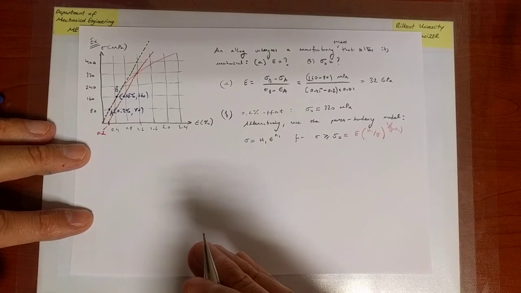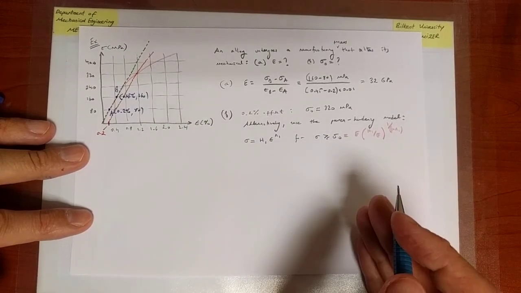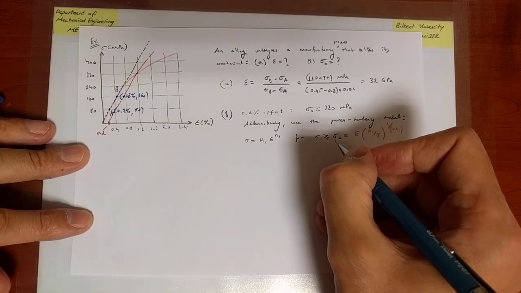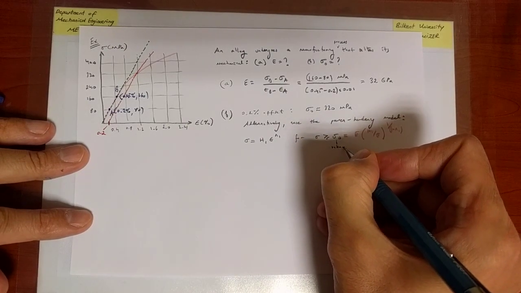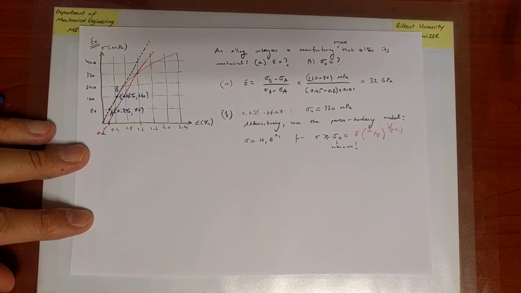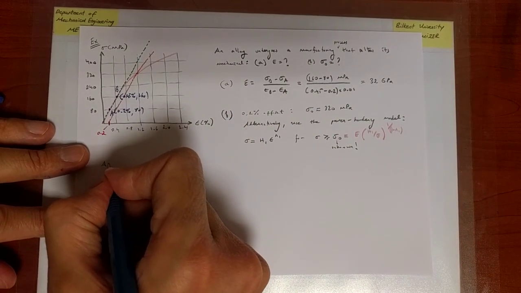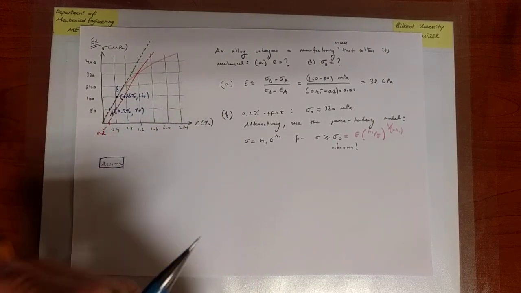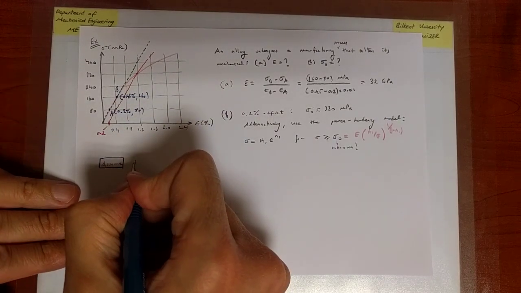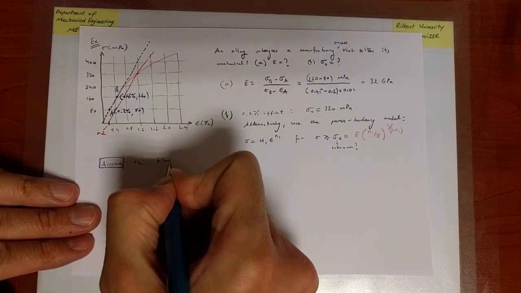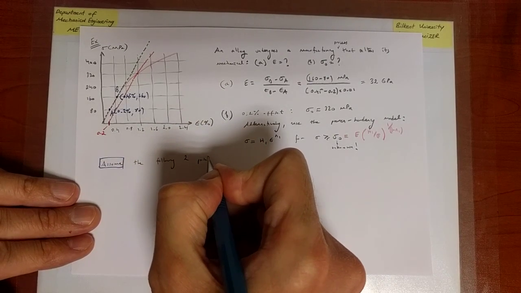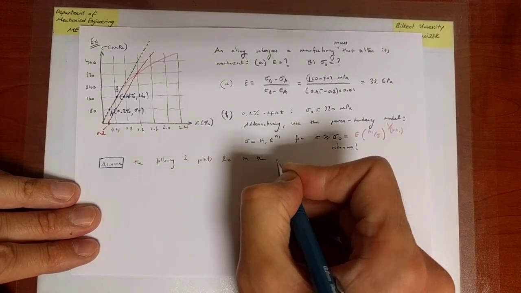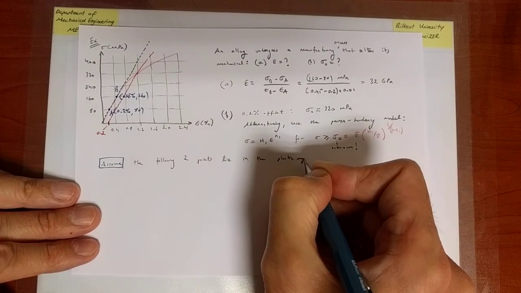That is a difficulty, so I have to assume the following: the 2 points lie in the plastic region.